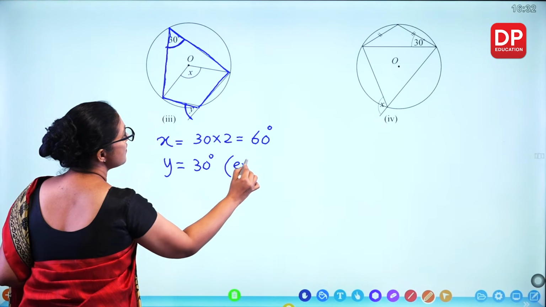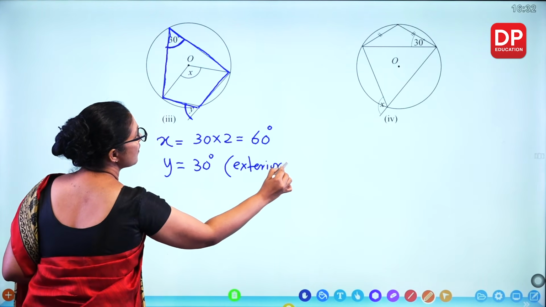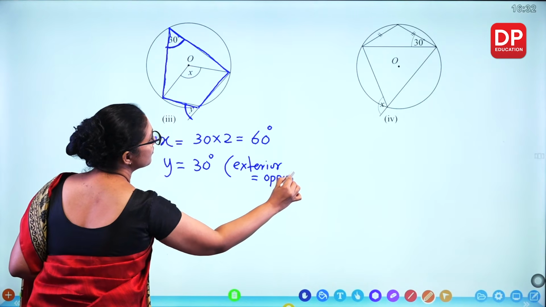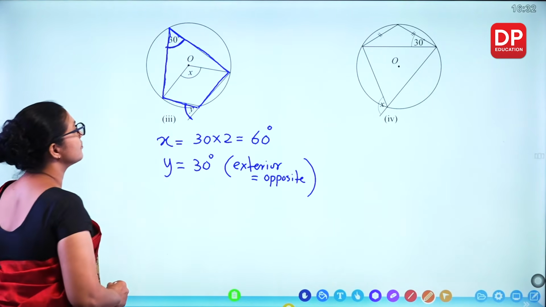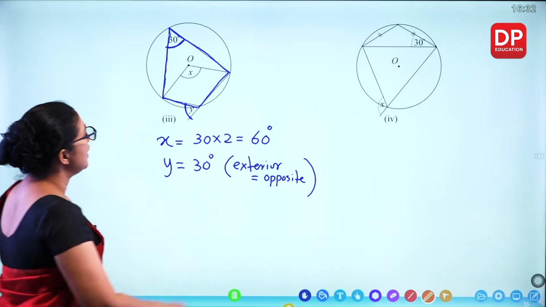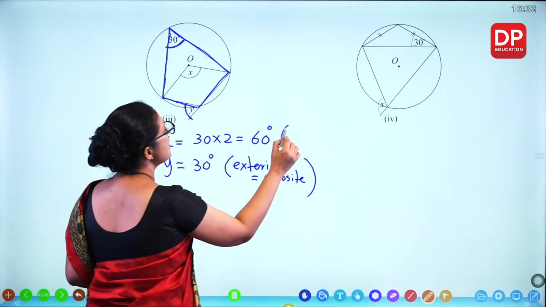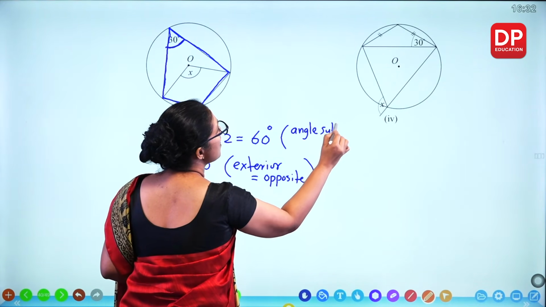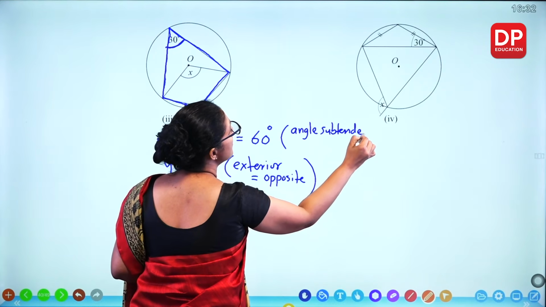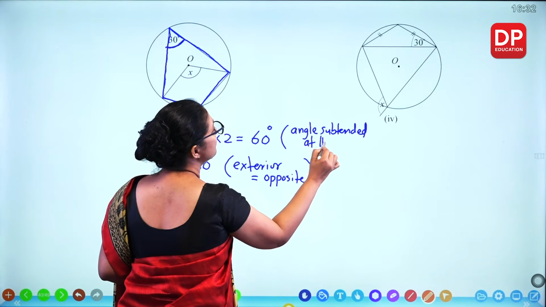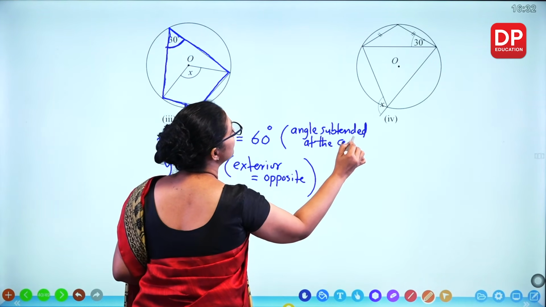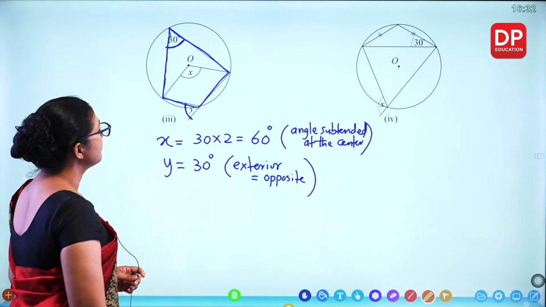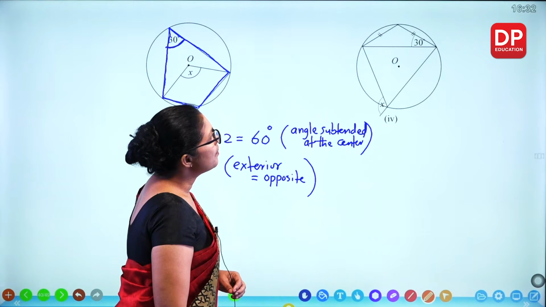So this is exterior angle. And here I can write down, this is according to the theorem, angle subtended at the center. This one, part 4.